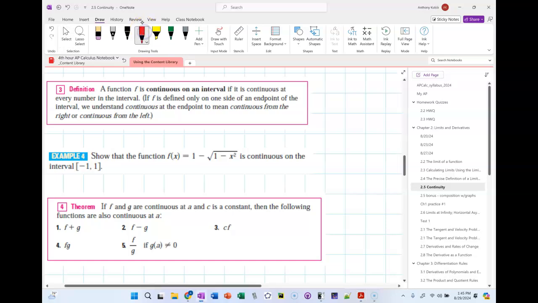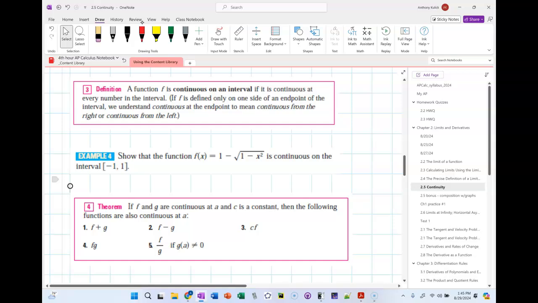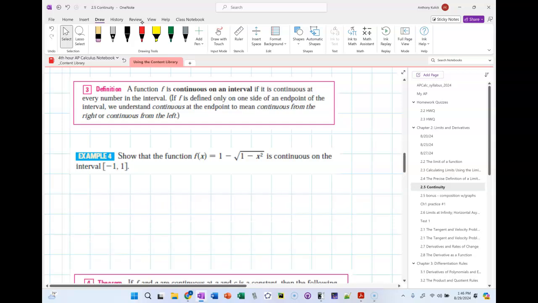So how many values of x are on the interval from -1 to 1? It's not really a trick question here. What? Oh, way more than 3.